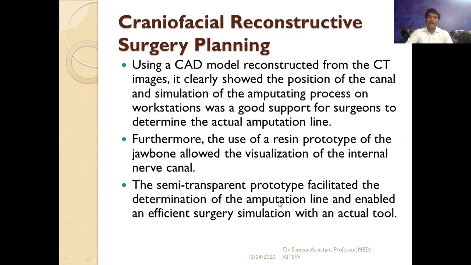Using a CAD model reconstructed from the CT images, the computer tomography images, it clearly showed the position of the canal, and the simulation of the amputating process on workstations was a good support for surgeons to determine the actual amputation line.